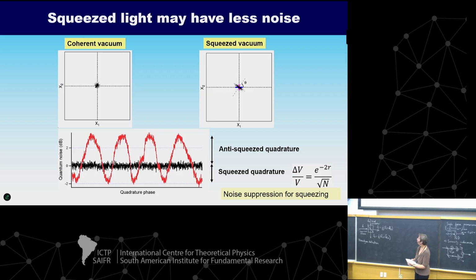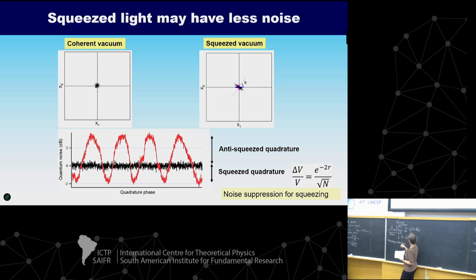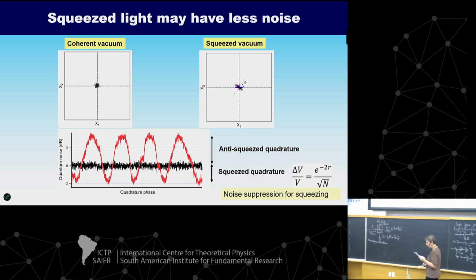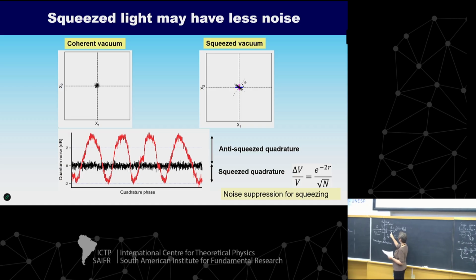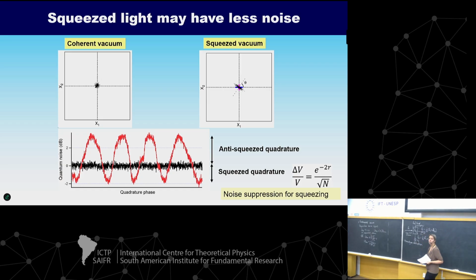Now we need to know what happens if we detect the photocurrent on both of those and subtract. It's the same differential scheme which we discussed before. Now I will need to calculate how many photons arrive here and how many arrive on this detector.